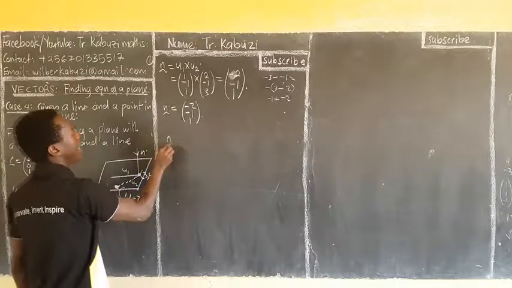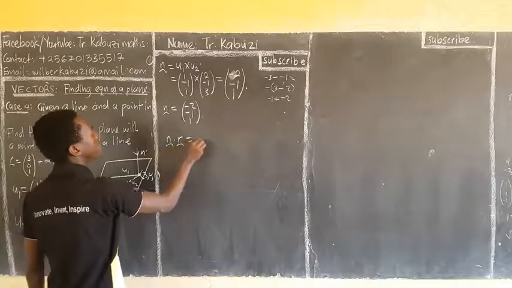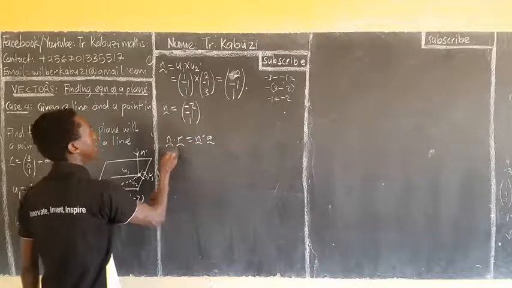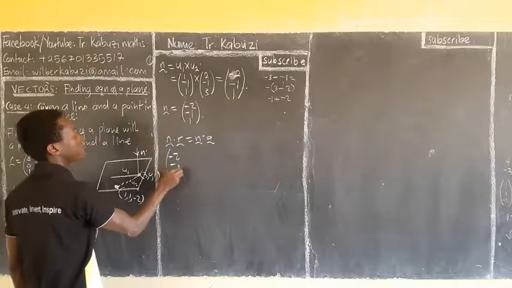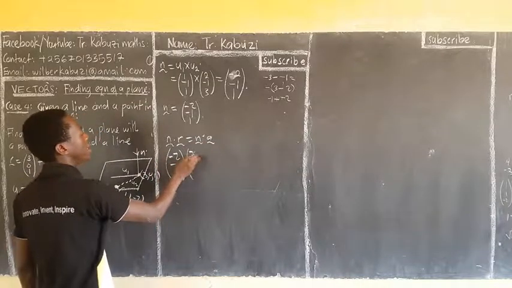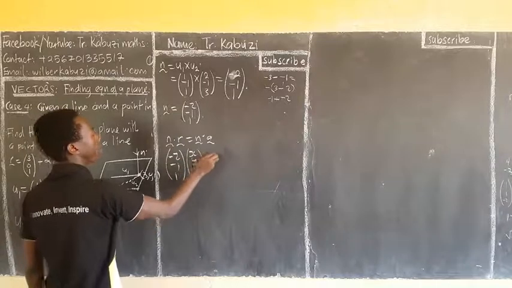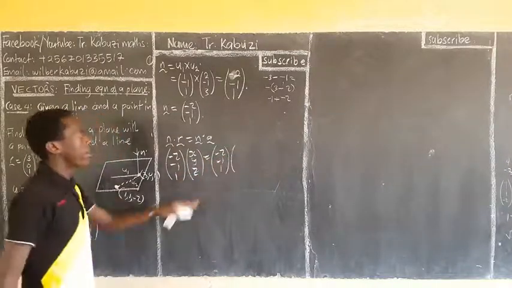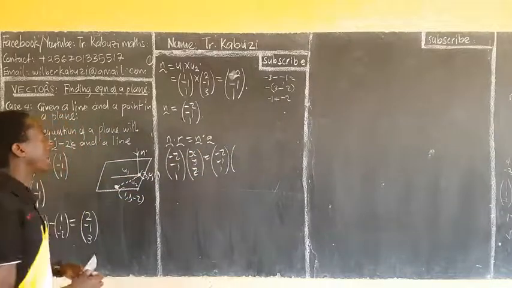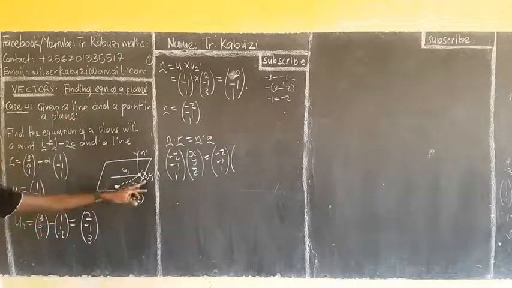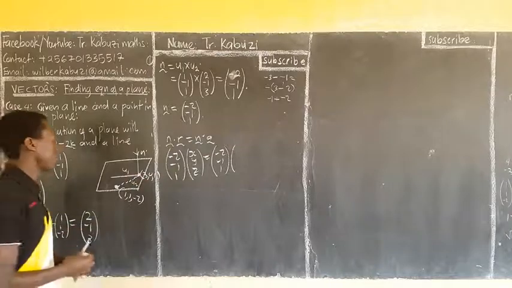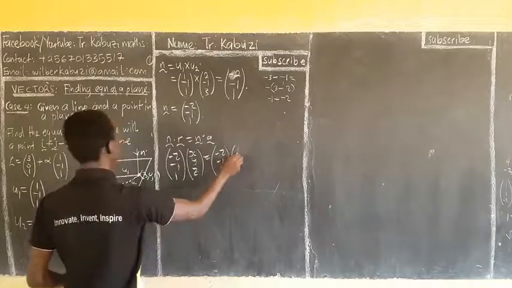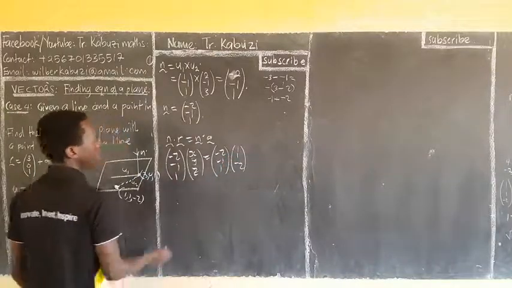So now my n dot r equals n dot a, so that my normal is negative 2, negative 1, 1, dotted with x, y, z. Now a point in the plane. You can take either of these, but let me take this one as 1, 1, negative 2.